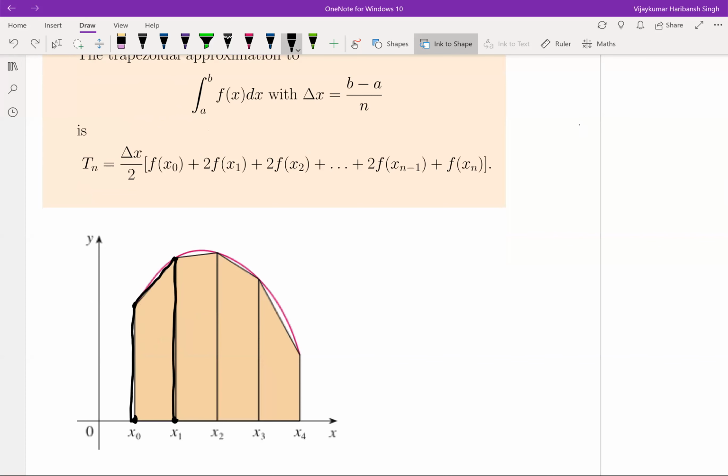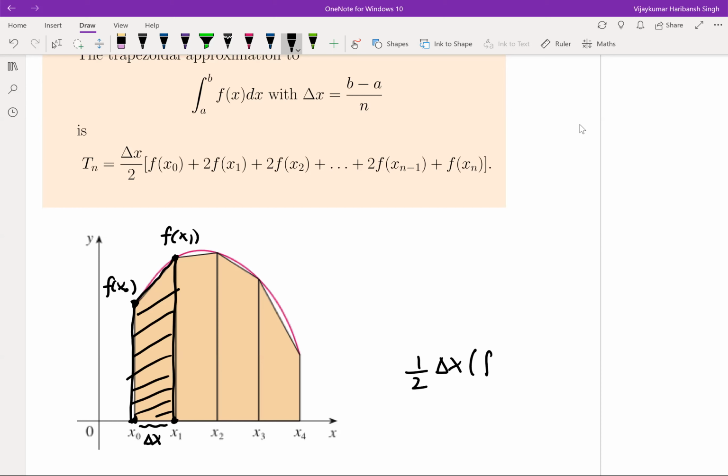So the area of this trapezoid, for example, is going to be half the base width, which is delta x, times the sum of the heights. If the y value here is f of x0 and here is f of x1, then it's going to be f of x0 plus f of x1.